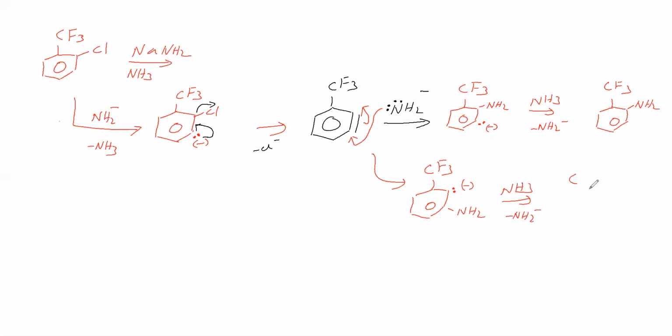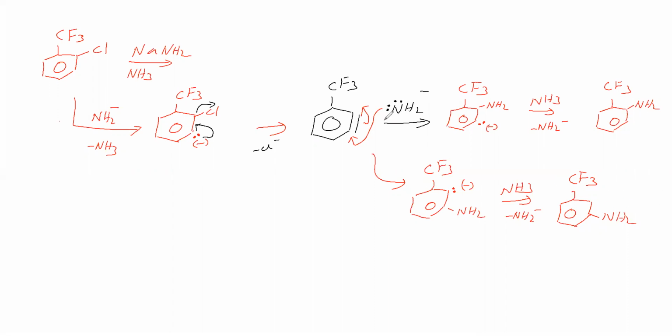So now this is CF3, phenyl ring, here NH2. Now this compound on benzyne mechanism gives two compounds: NH2 group at ortho, and NH2 group at meta. Which is possible and which is not, which is correct and which is not, that we have to see.